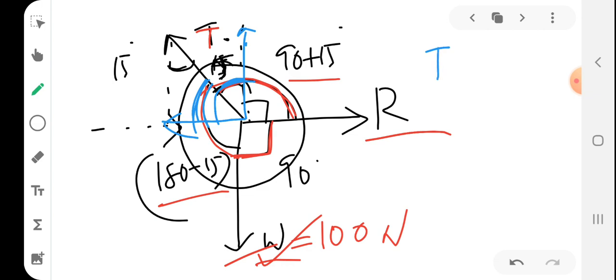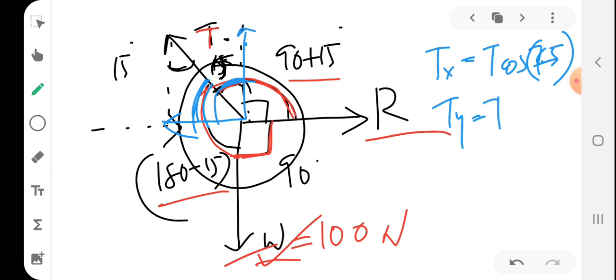So the x component, Tx, will be T cos (90 minus 15), which is 75. T cos 75. Similarly, Ty will be T sin 75.